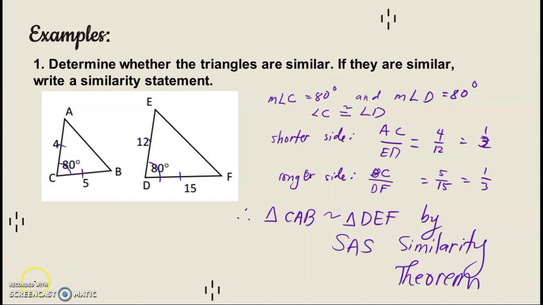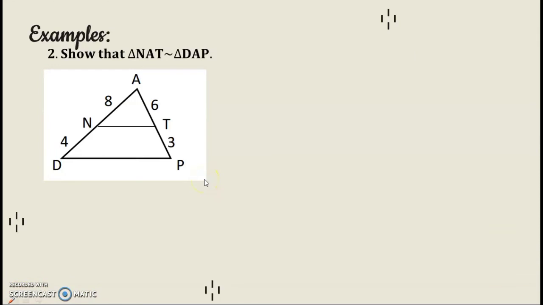Okay? Next example. Okay, so for number 2 example, show that triangle NAP is similar to triangle DAF. Okay, so first is, angle A is congruent to angle A by reflexive property.